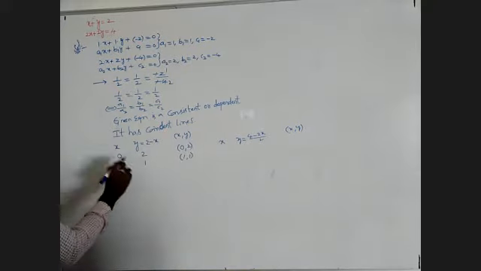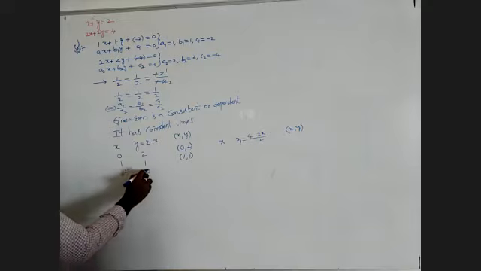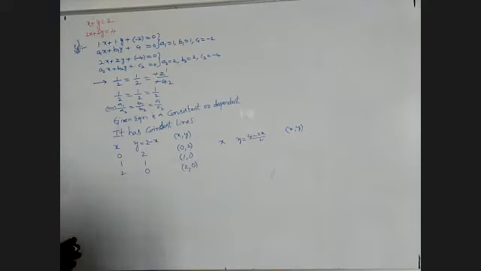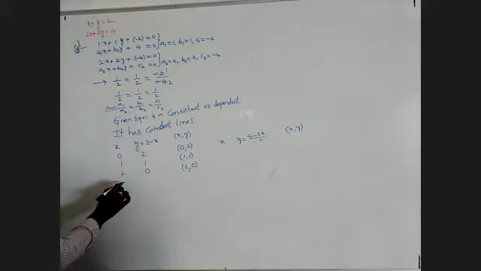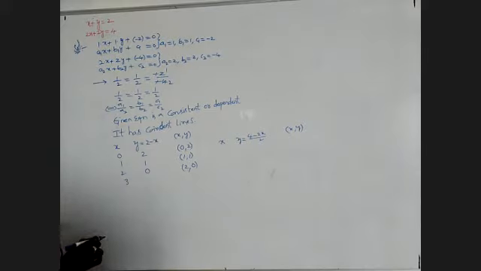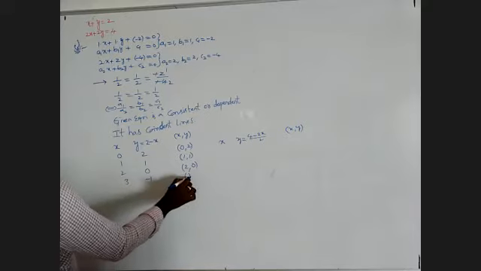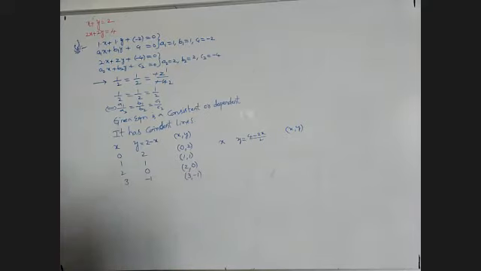Otherwise I have to take 2, 2 minus 2 becomes 0, that is the given point 2 comma 0. Finally we have to take let x is equal to 3, y is equal to 2 minus 3 becomes minus 1, that we have to take 3 comma minus 1.